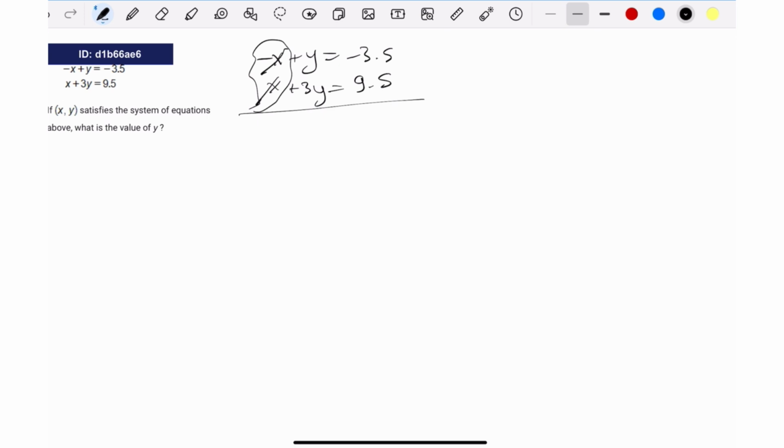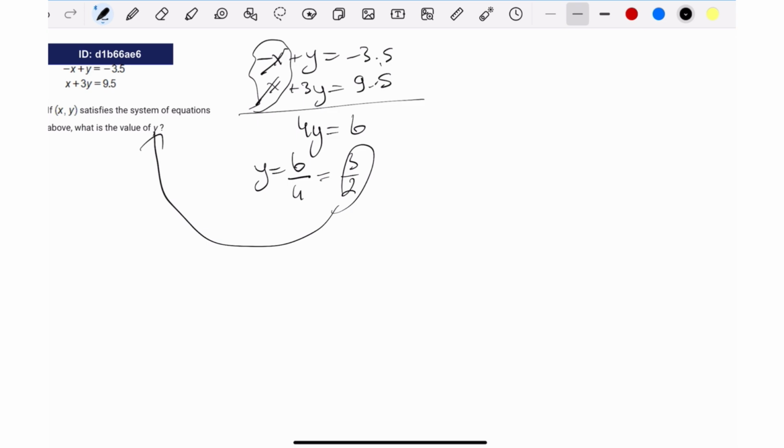I'm going to be left with 4y equals 6. Then y is going to equal 6 divided by 4, which is 3 divided by 2. And look, it was already asking me the value of y. Then I'm going to get 3 divided by 2. It is that simple, you guys.